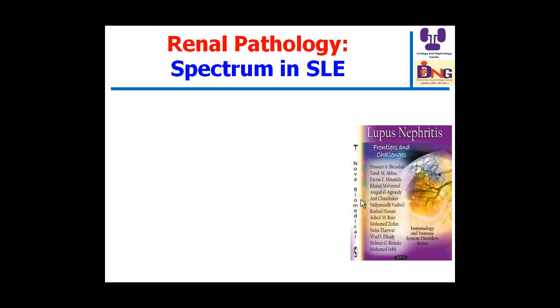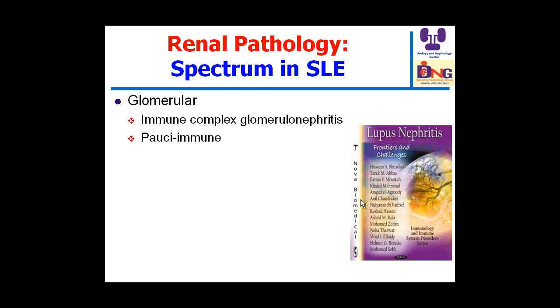I'm going to start with the question, what about the spectrum of lupus nephritis? Lupus can affect all components of the kidney. Glomeruli by immune complex glomerulonephritis. Post-immune, it is very strange to speak about post-immune no deposition within lupus nephritis, but this is one of the categories.